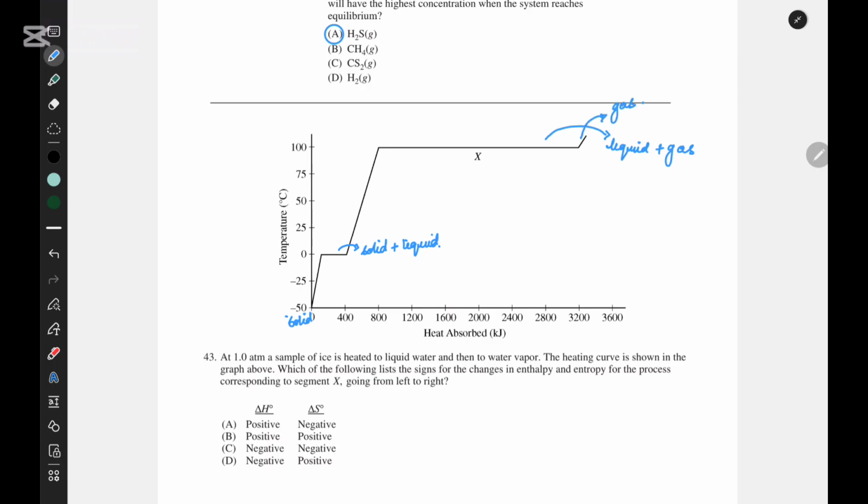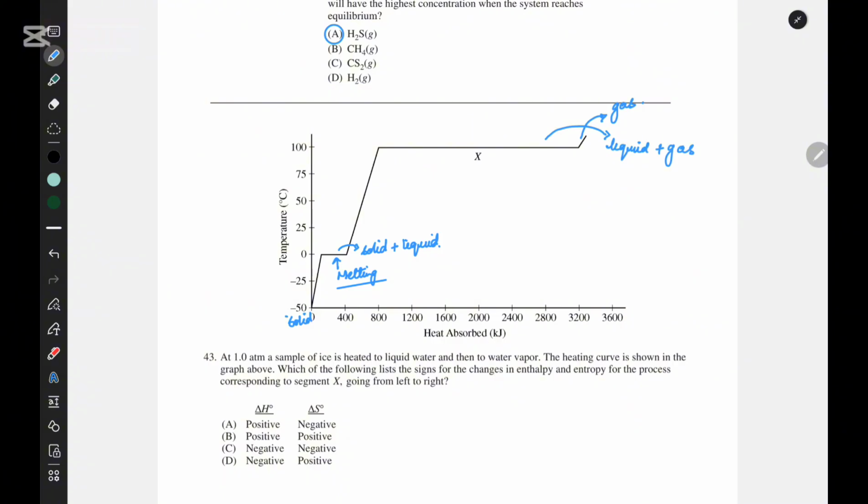You just need to know that during melting the temperature becomes constant, because heat energy is required to overcome the intermolecular forces of attraction.